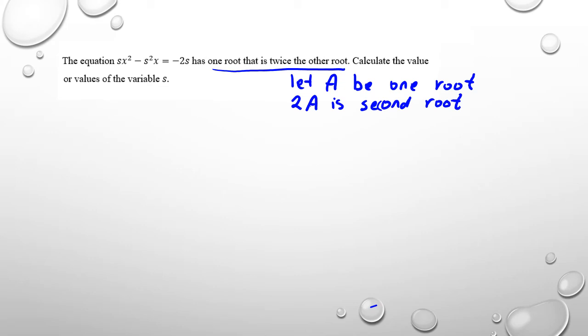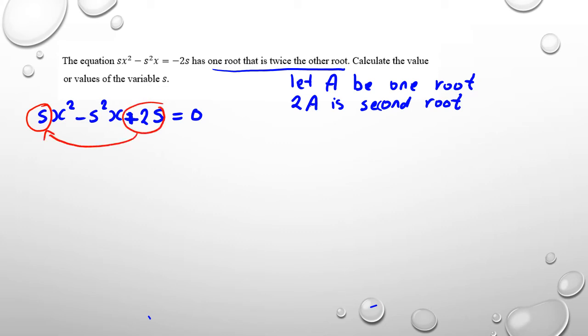Okay, so to solve this, I have to rearrange the quadratic equation to make it equal to zero. Now, when you factorize a quadratic, remember in all the previous questions, the first step we would do is multiply the coefficient of x squared by the constant.